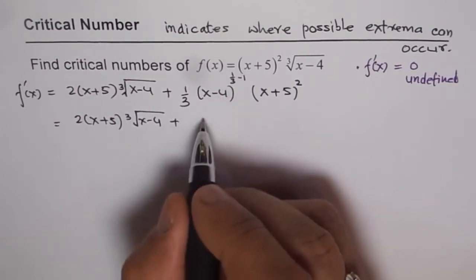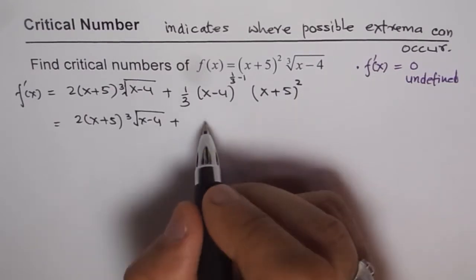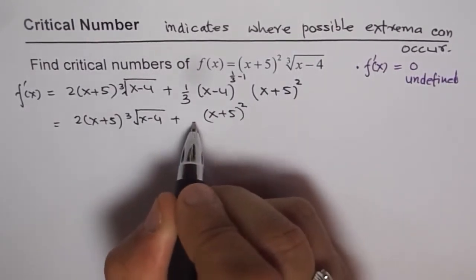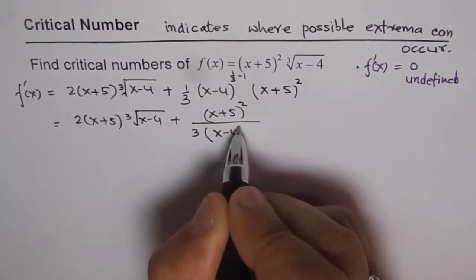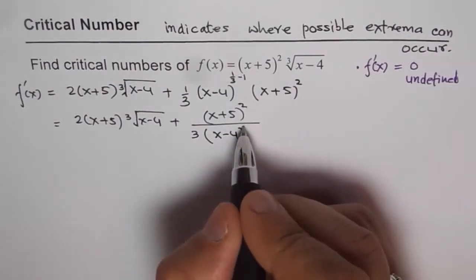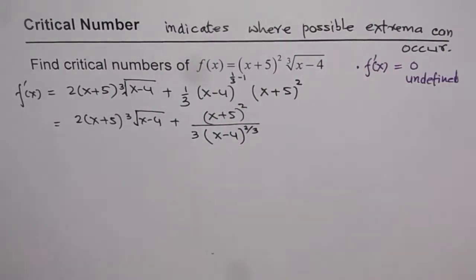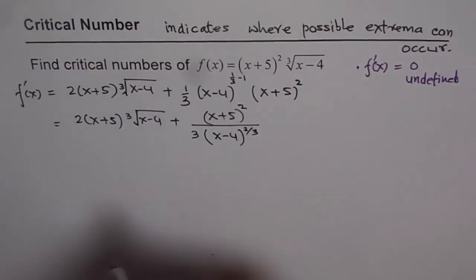So I can write this in the denominator, and (x plus 5) whole square in the numerator. So we get (x plus 5) whole square over 3 times (x minus 4) to the power of 2 over 3. It was minus 2 over 3, so we brought it into the denominator, correct? So that is what we have here.